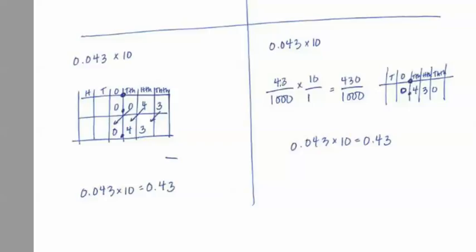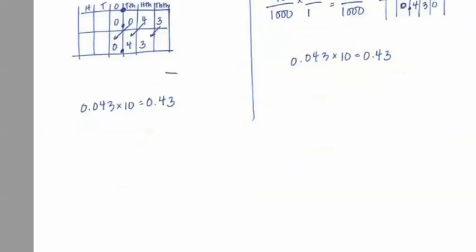Another way to do this would be multiplying just as we did with decimals. I have 43 thousandths, I know that because the 3 is in the thousandths place, times 10 over 1, that gives me 430 thousandths. And again, if I were to write this last digit, the 0 in the thousandths place, I still end up with 43 hundredths. So same answer both ways to do it.